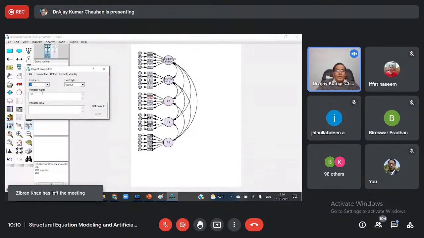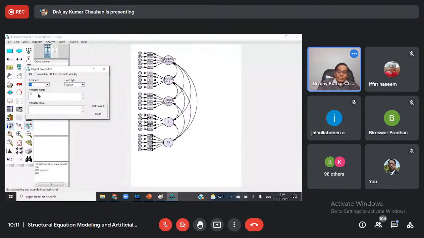Similarly, this is my training quality, and this is the employee improvement, and the last is organization performance.